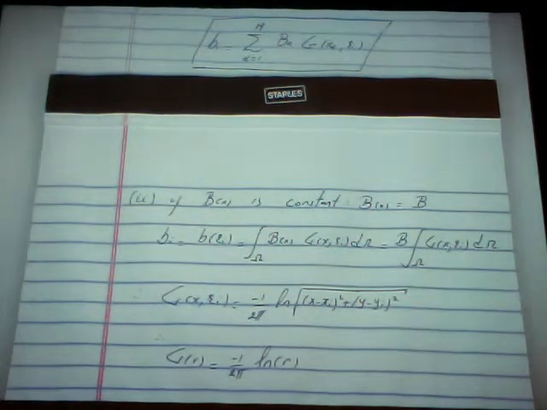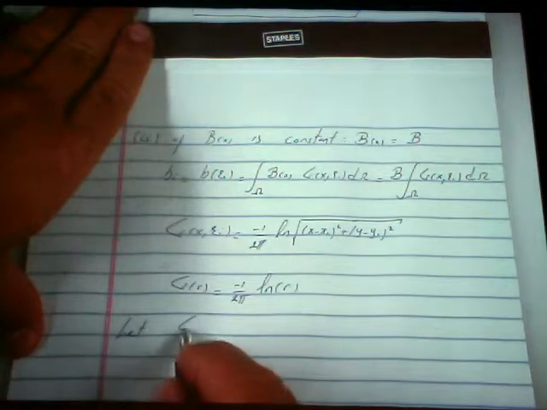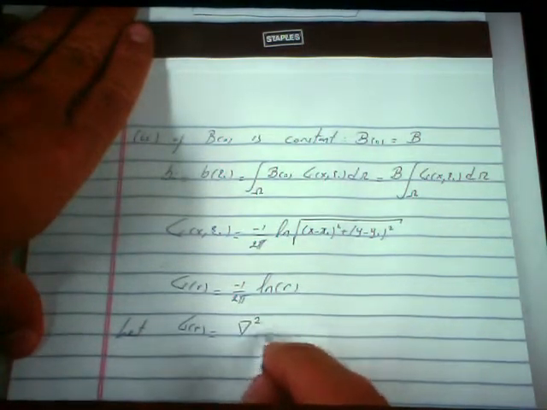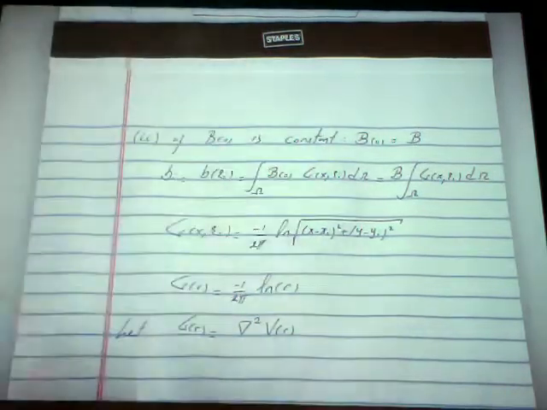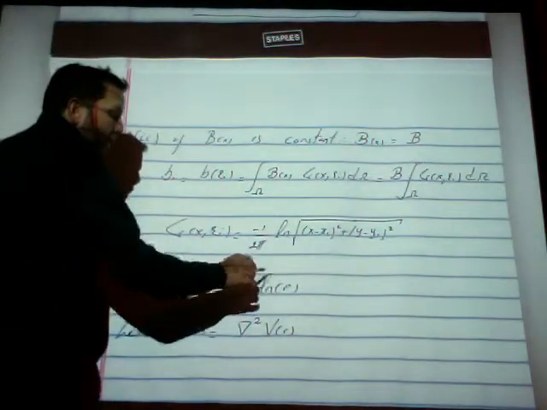Now let G of R be equal to the Laplacian of some function V of r that we don't know. So we're going to try to get a function V whose Laplacian is equal to G. When we differentiate it twice, we get the log.